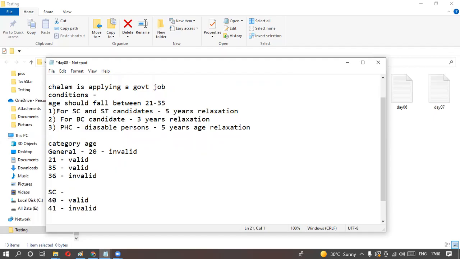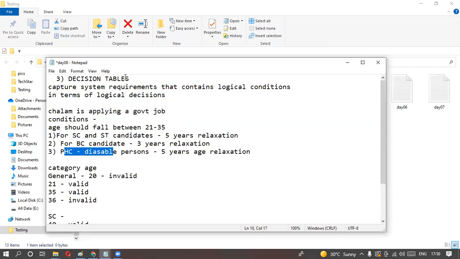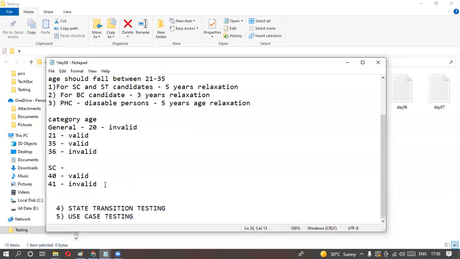The same applies to physical handicap also. This we call as decision tables. It contains some logical conditions. So if you got any requirement, you have to validate each and every boundary of the particular requirement. You should think logically before writing any test case.